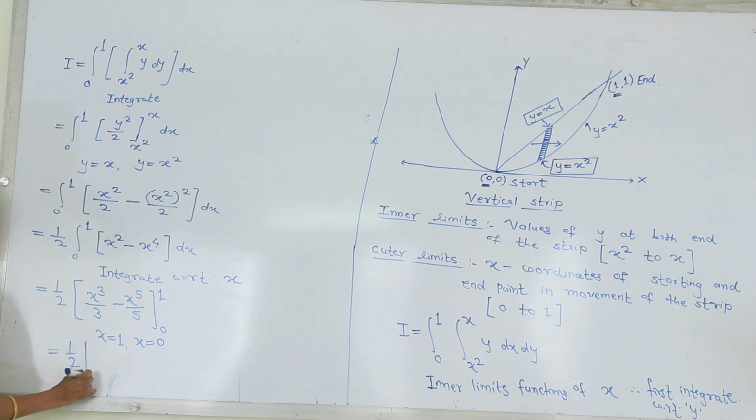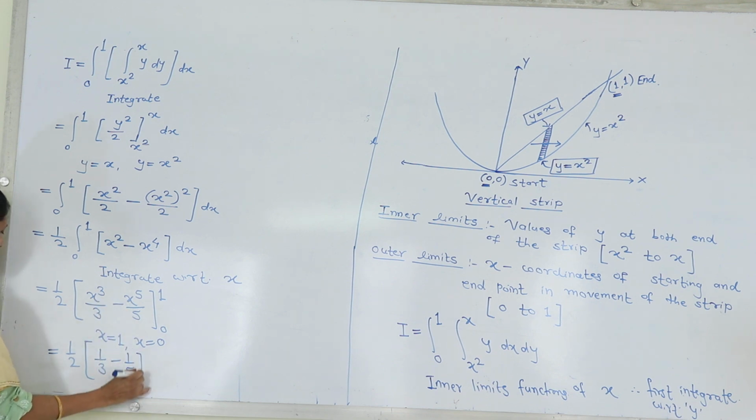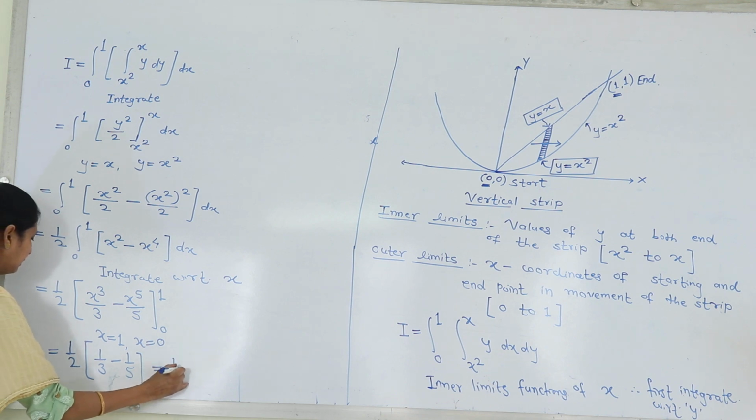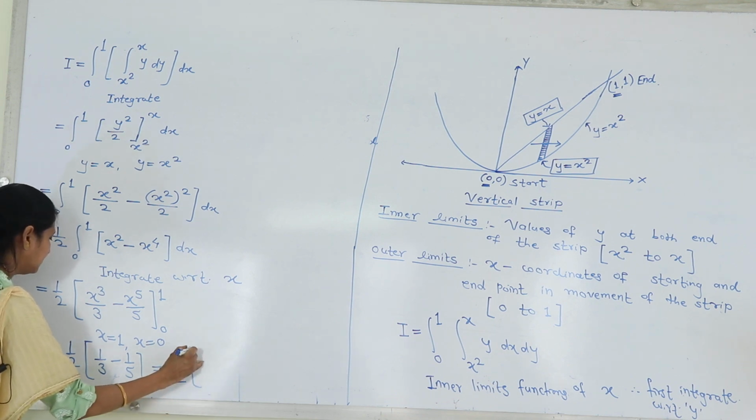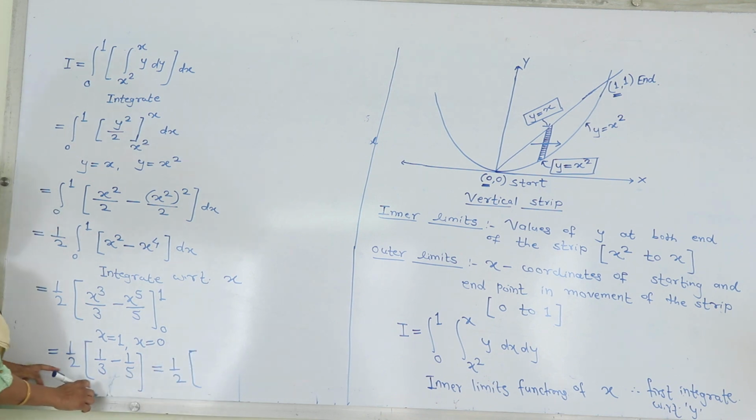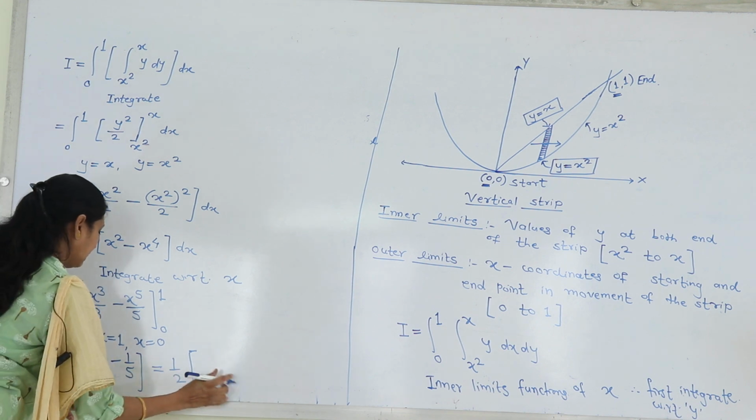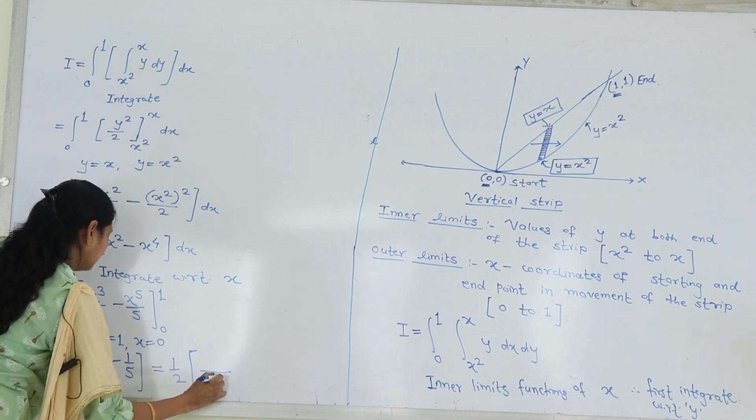Then 1/2 of 1 cube means 1 by 3 minus 1 by 5. The lower limit is 0, therefore it is not written here. For 3 and 5, the LCM is 15.